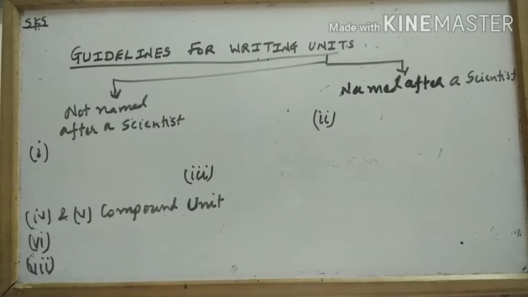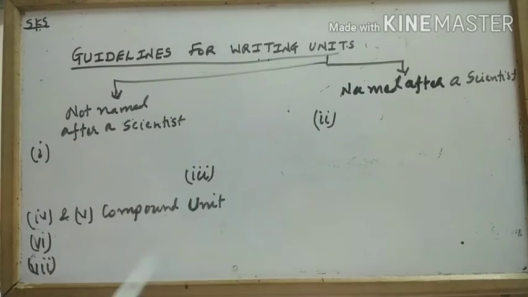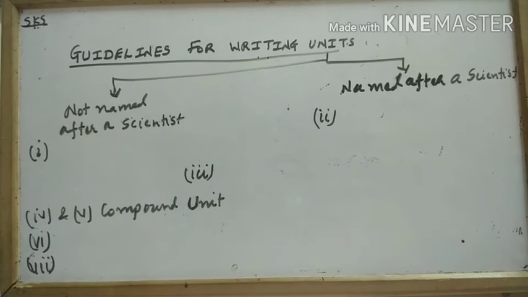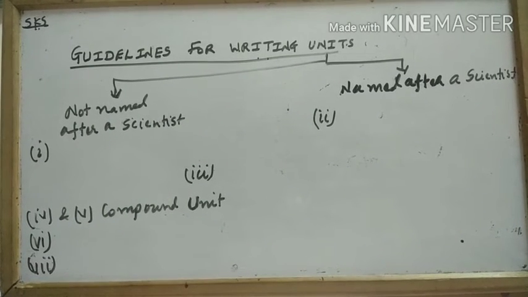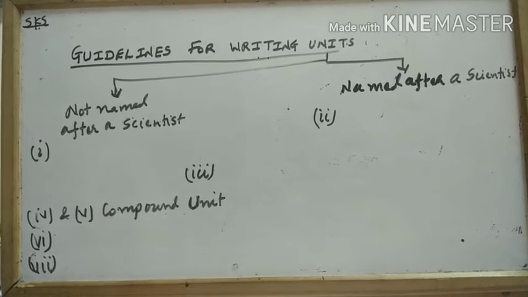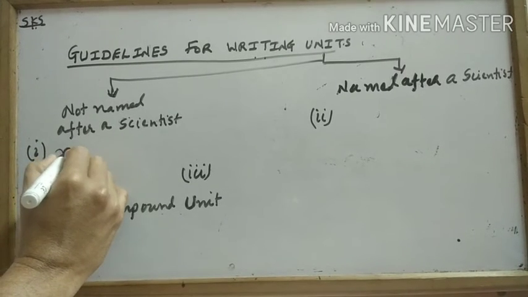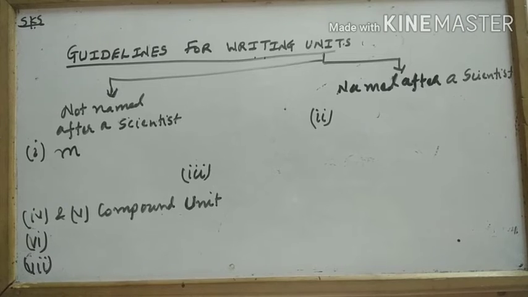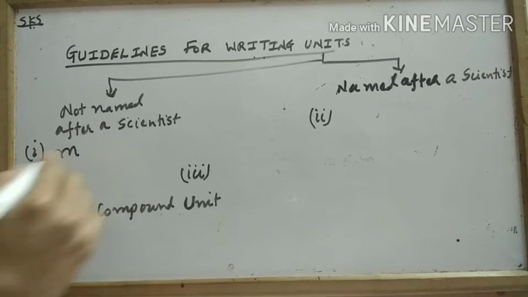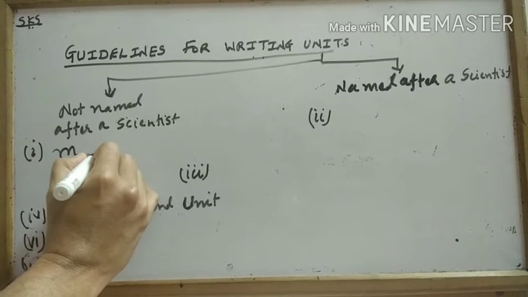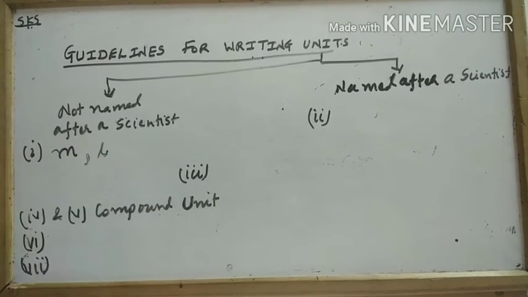I have categorically divided units into two parts: named after scientists and not named after scientists. So for example, if I'm measuring length in meters and I want to write it down in abbreviation as meter, then I'll write it down as small m. Then suppose I want to write liter, then I'll be writing small l.